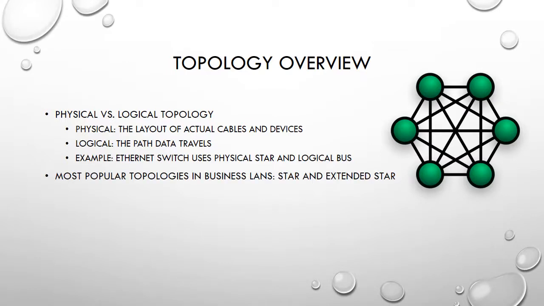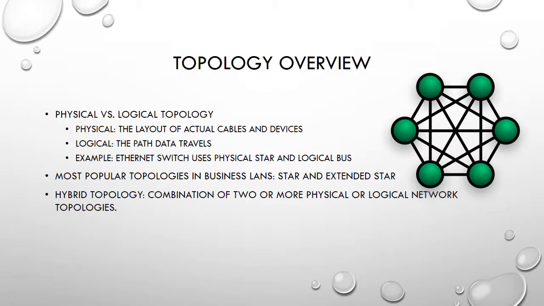The most popular topologies used in business LANs today are the star and extended star topologies. We're going to go a little bit further into this later, but you need to be familiar with what a hybrid topology is.